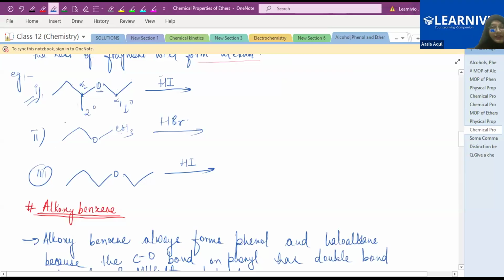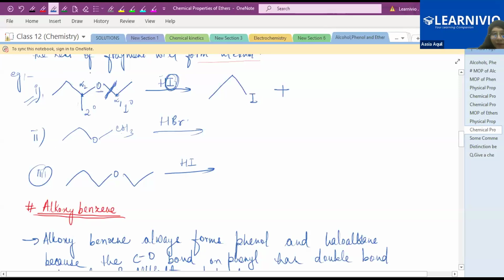So if there is no tertiary alpha carbon, we have to attach the iodine, the halogen part of the halogen acid, to the less hindered one. And which one is less hindered? The primary one, right? So to this primary alpha carbon, you attach this iodine. You will break this bond, and you will get a carbon chain with iodine attached.